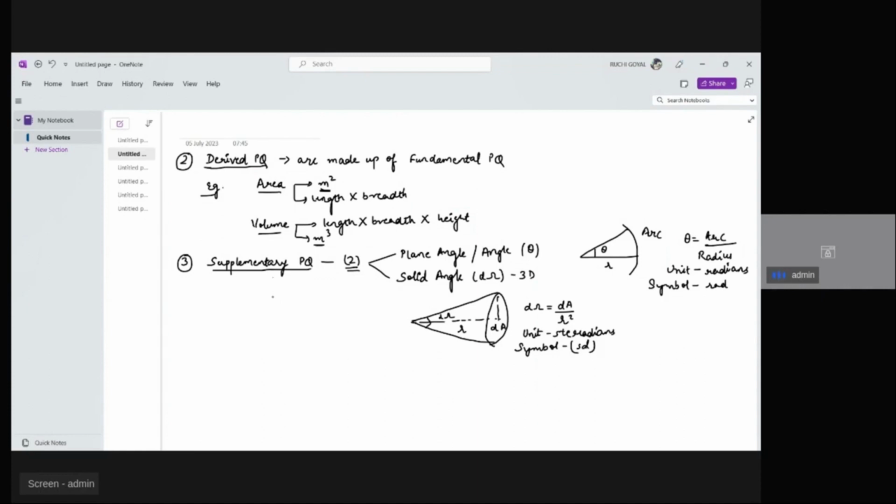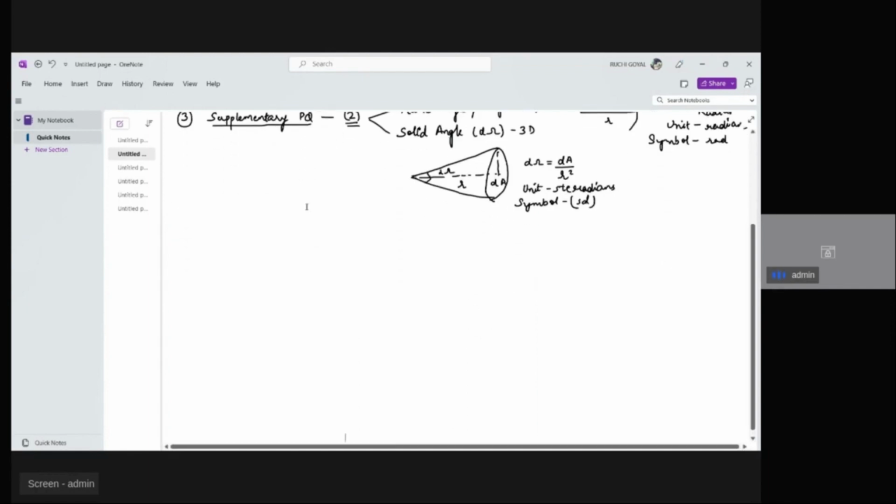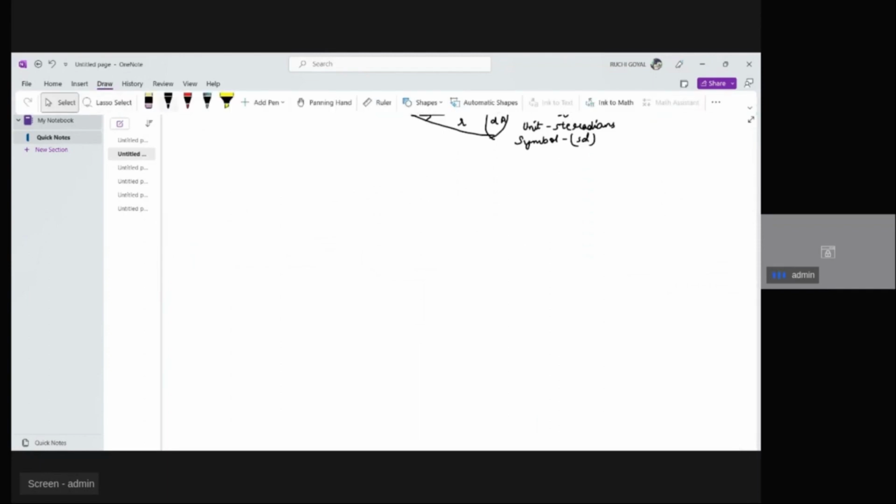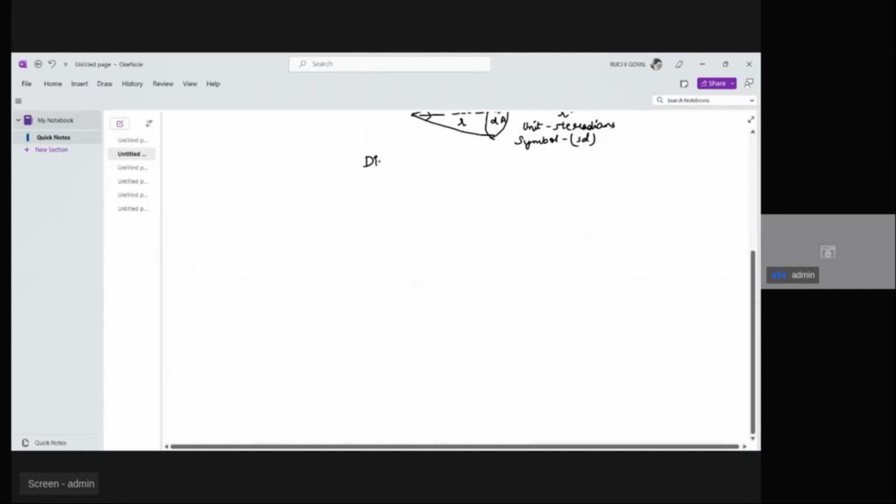Right? Now we come to dimensions. So what are dimensions? As we all know, dimensions are the powers to which the fundamental units are raised in order to express the derived unit of a quantity, right? Yes. The next topic is dimensions. Now we will study what are dimensions.